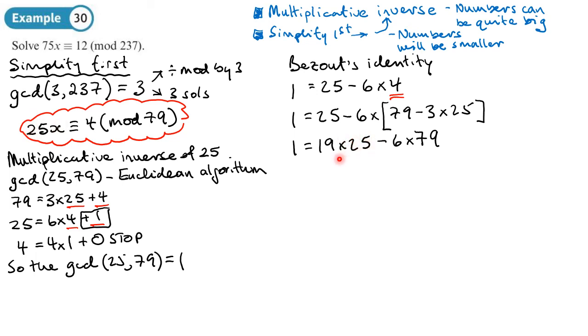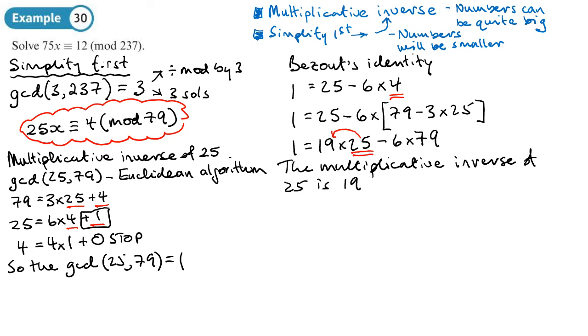So you look at the number in front of the 25, that will tell you what it is. What is it times by? It's times by 19. So the multiplicative inverse of 25 is 19.